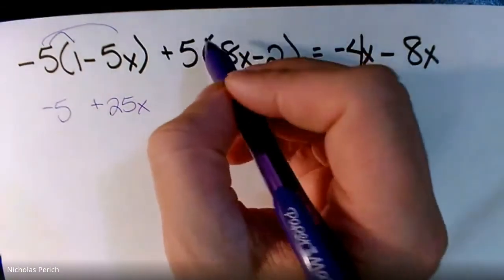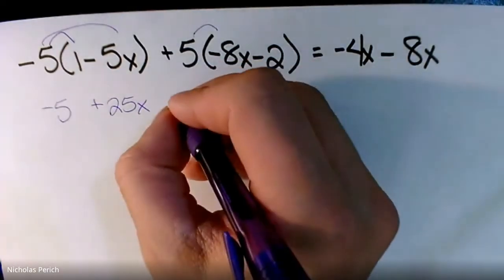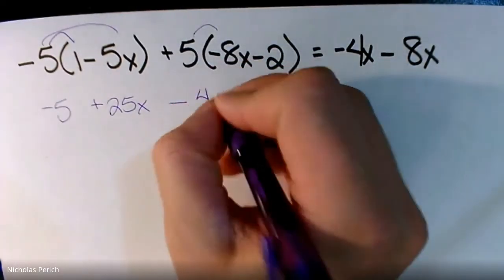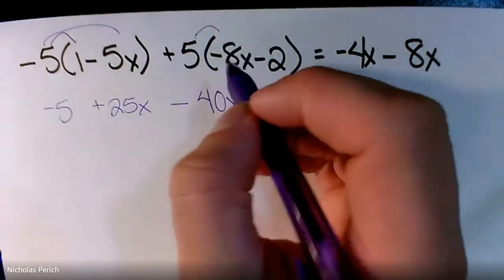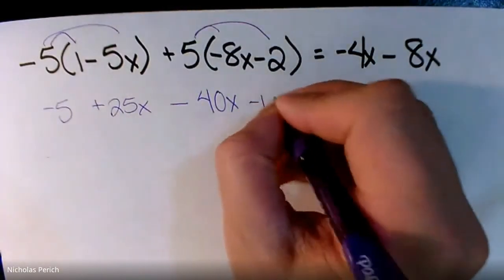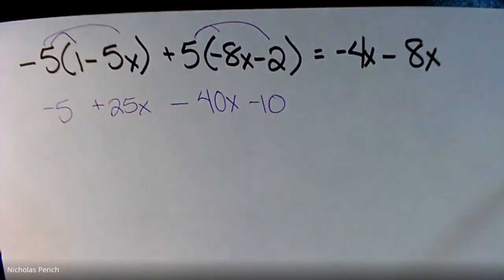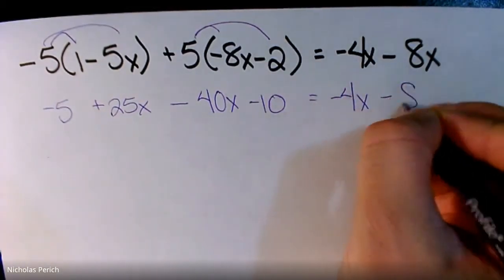Distributive property part 2 is 5 times negative 8x, which is going to be negative 40x. 5 times negative 2 is negative 10. That's going to equal negative 4x minus 8x.